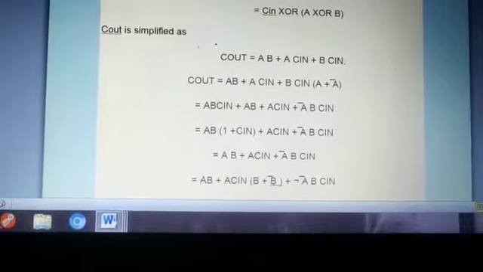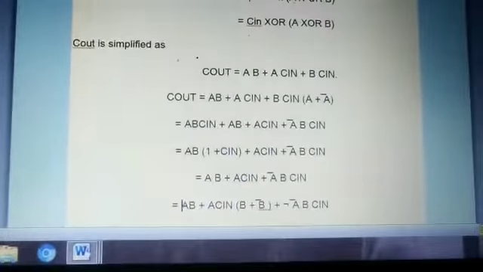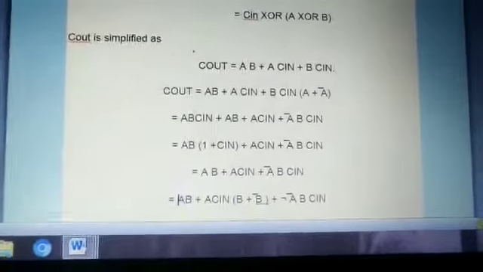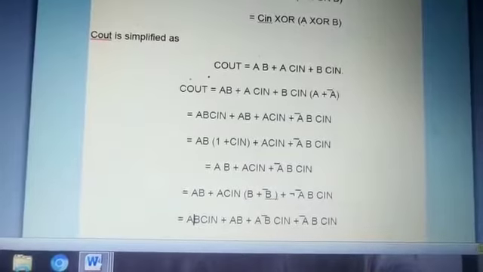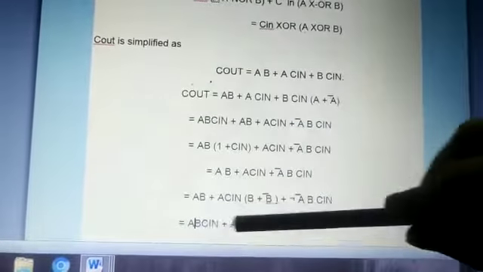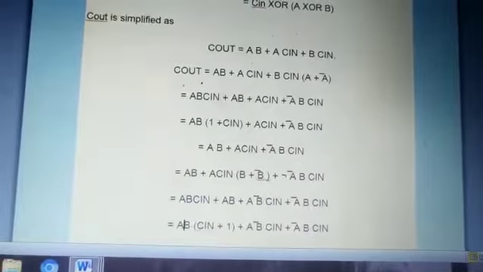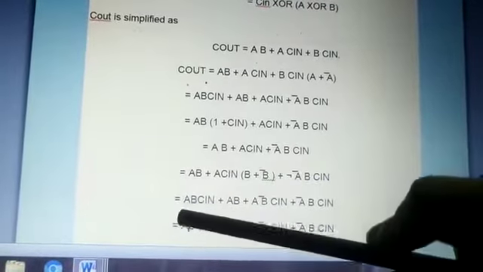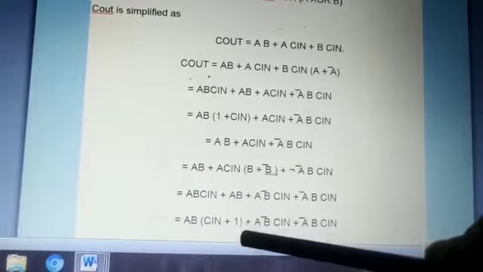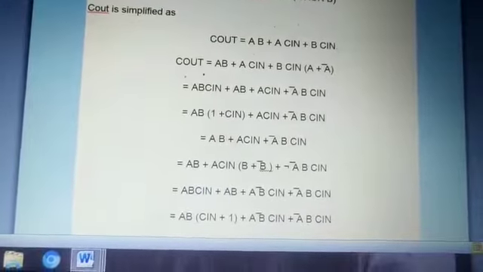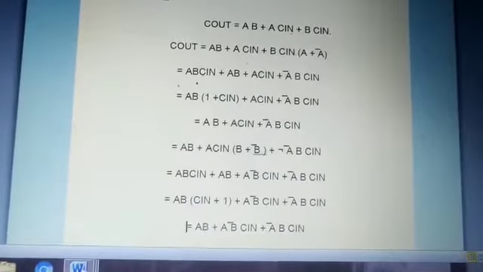Now again in A C in I am using 1, and the 1 is replaced by B plus B bar. Again I am doing the multiplication and getting this result. Again I try to reduce by taking common AB, so what is left is C in plus 1. You see 1 plus X means 1.